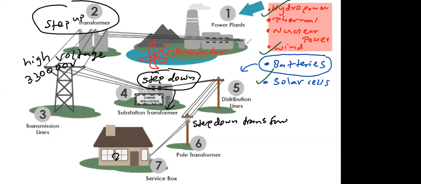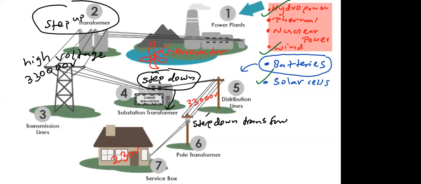What is the voltage of the domestic house wiring circuit? It is 230 volt. So this 33,000 or 333,000, here it can be around say 11,000 or 30,000. So this is 300,000 near the powerhouse. Here it can be around 33,000 volt. Then that should be reduced to 230.